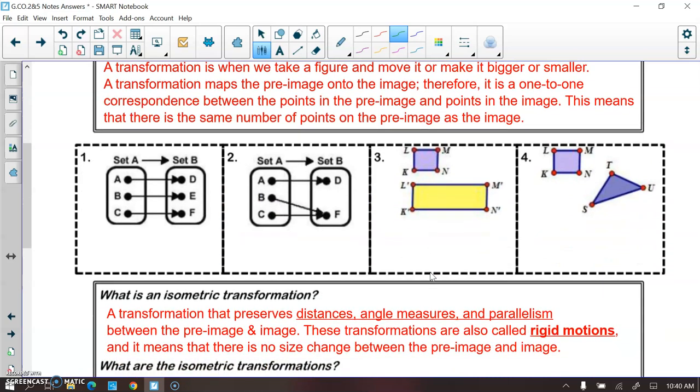So if we look at number 1, this is similar to something that we would have seen in algebra. The same number of points in set A as in set B. This is a one-to-one function in algebra.